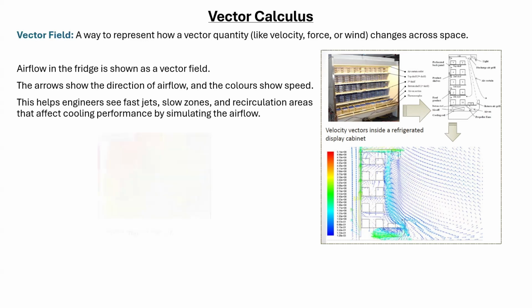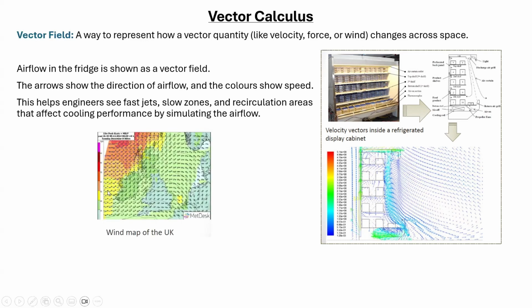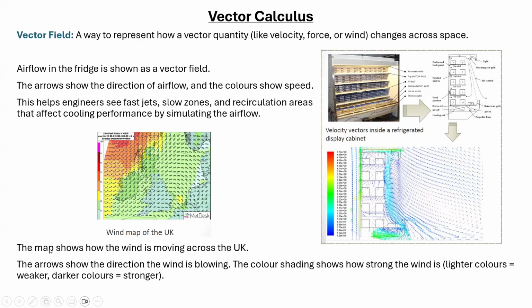Next, this is a wind map of the UK, where you can see some directions over here. The directions are going upwards, and on this side there are some colors. Basically, this map shows how the wind is moving across the country, and you see the direction as well.